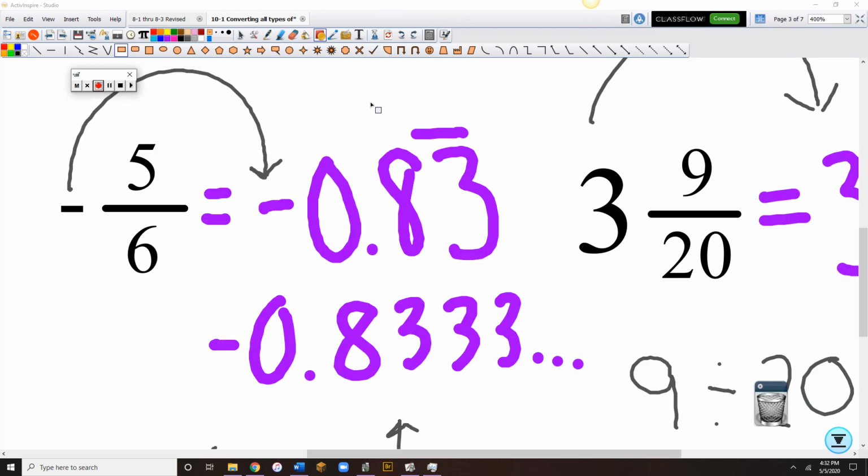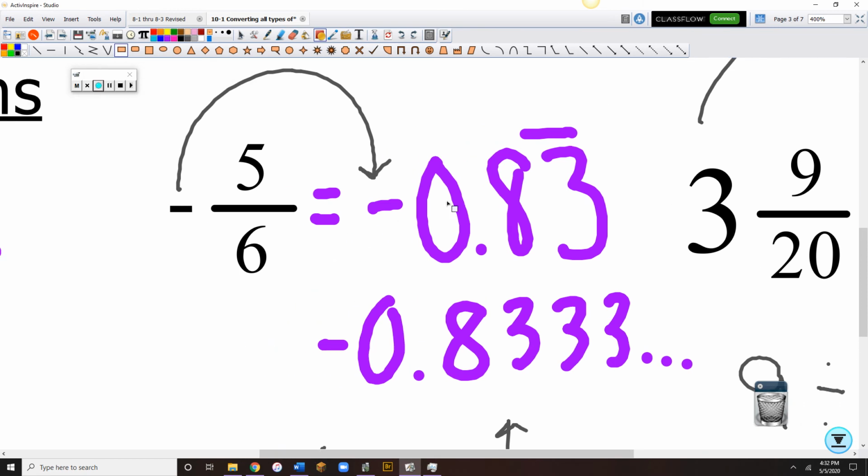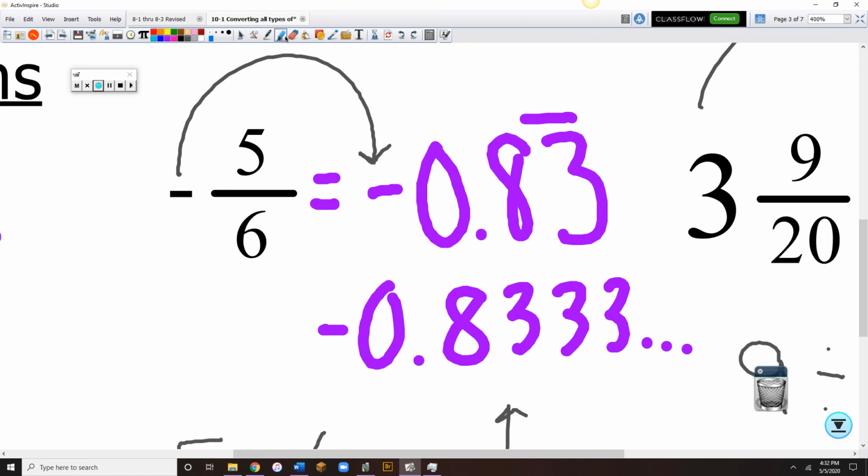Okay, negative 5/6 equals negative 0.83 repeating. So for the negative sign, all you have to do is take that negative sign and carry it over. I don't have to actually use it in the calculator at all.